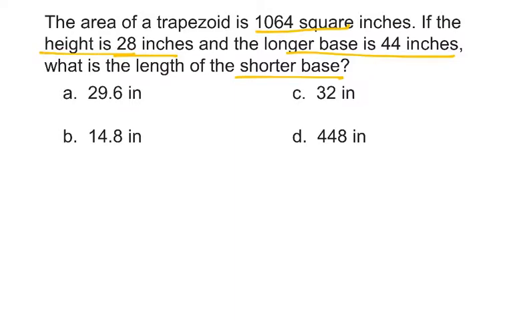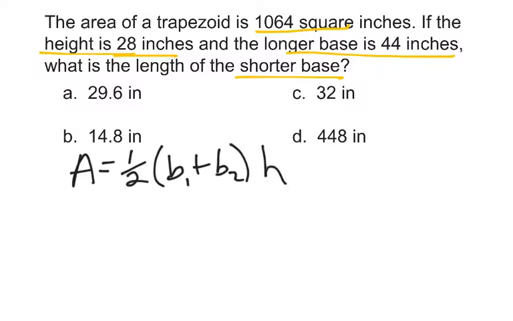Again, rewriting the formula, we remember the area equals half the sum of the bases times the height. Then we can plug in what we know. We can fill in the blanks.